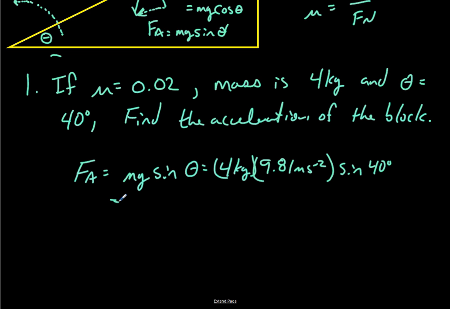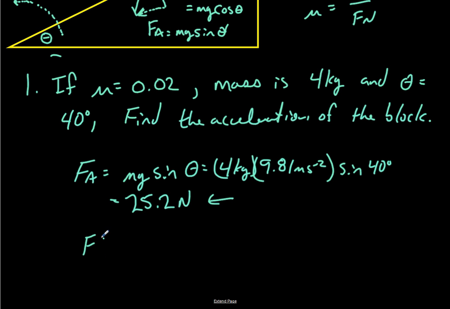Make sure your calculator is in degree mode, and let's quickly solve for that. So what you should get is 25.2 newtons, and that is in the leftward direction, down the slope.